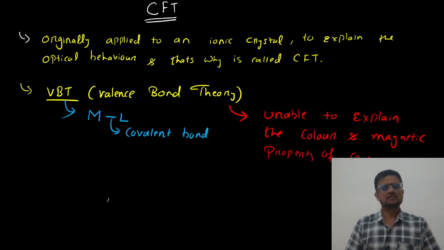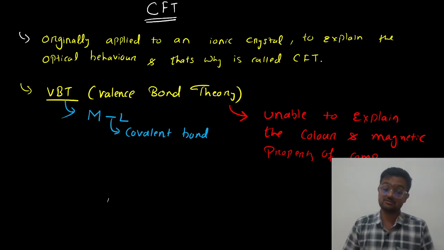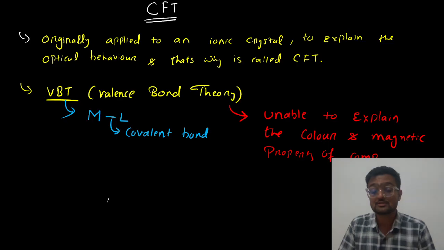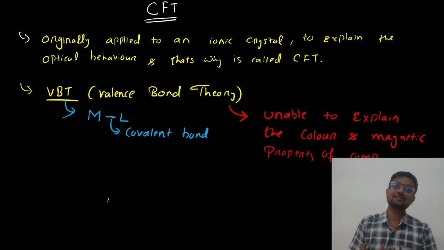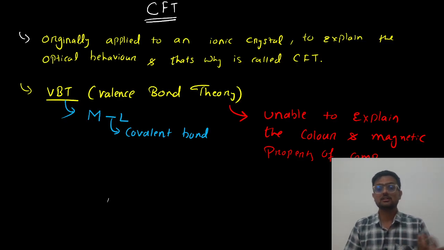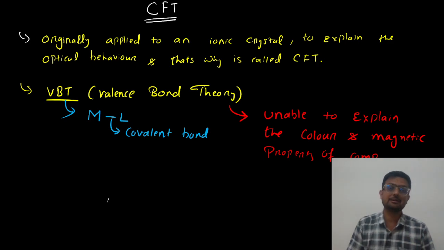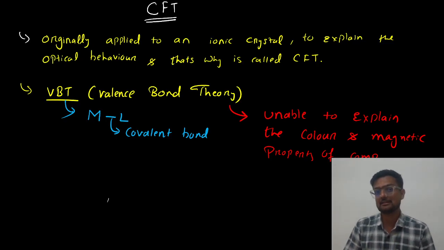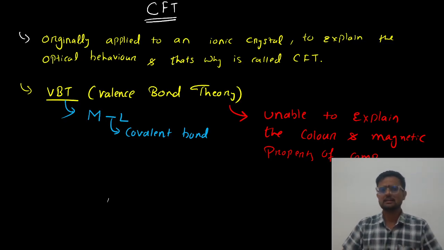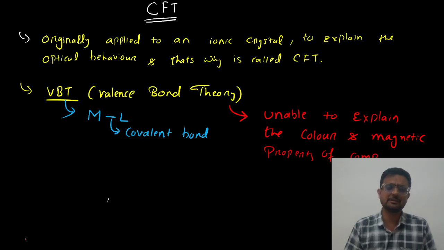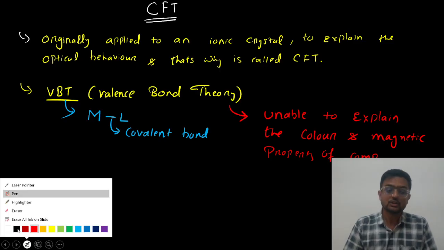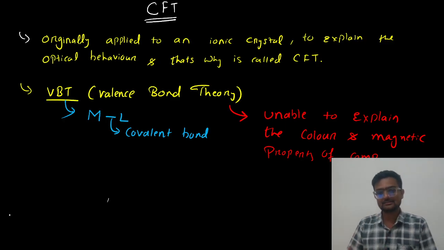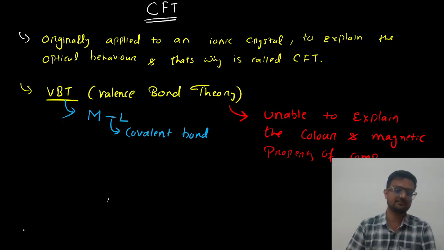We all have studied that most of the coordination compounds are colored, right? Why are they colored? Second, if I talk about the magnetic behavior, some are diamagnetic, few show paramagnetic nature. Why is there this magnetic property? All this explanation VBT failed to give, right? So to overcome this drawback, we got to know about the new theory that is called crystal field theory.